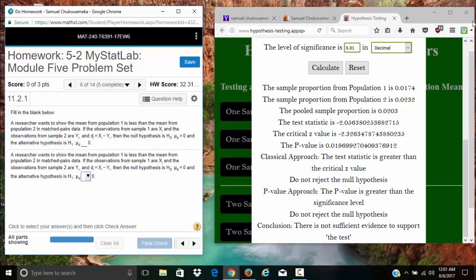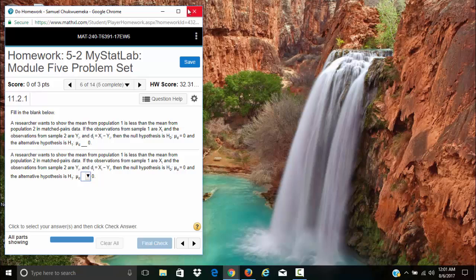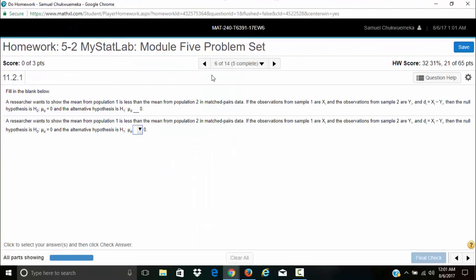Let me quickly show you this with StatCrunch. Question 5.